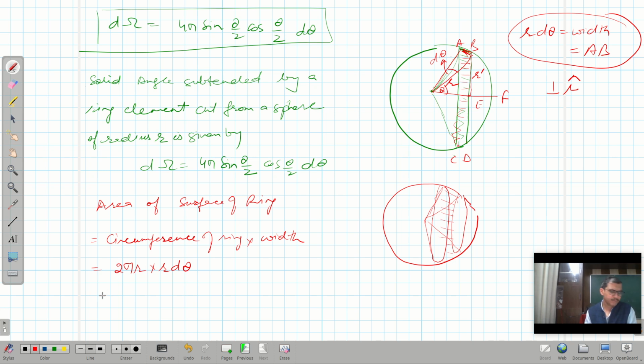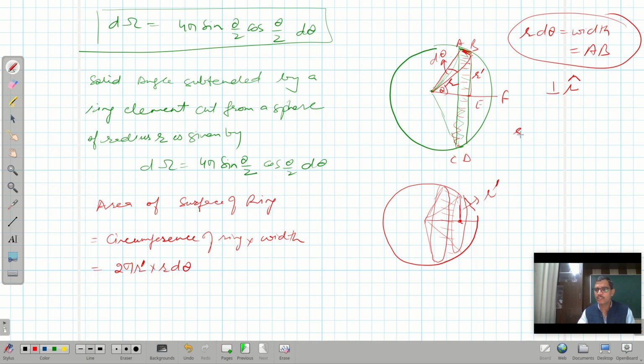What is the radius of this one? Sorry, it is r prime, because it is the radius of this ring. So it is 2 pi r prime into r d theta. But what is r prime in terms of r?